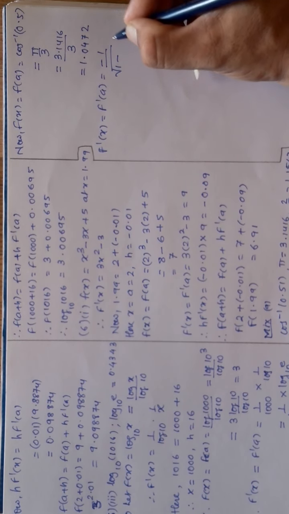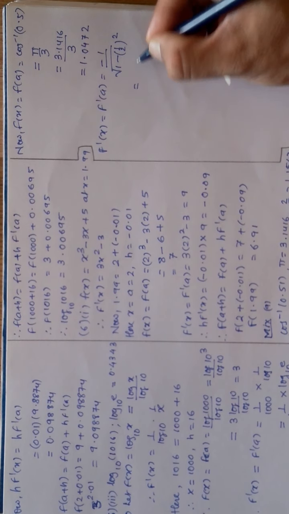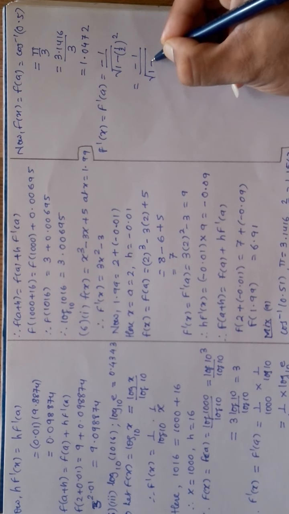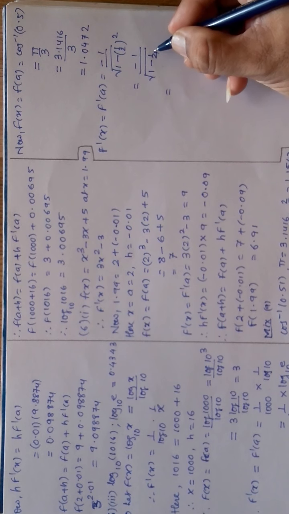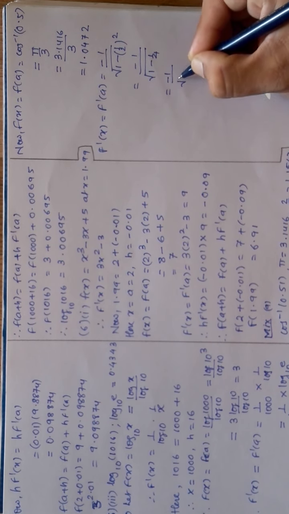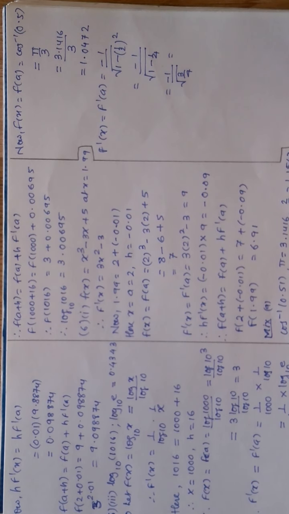So that I will make as half. That will be more easier to solve. So that will be minus 1 upon under root 1 minus 1 by 4. So that will become 4 minus 1, 3. That is minus 1 upon under root 3 by 4, taking positive root only.